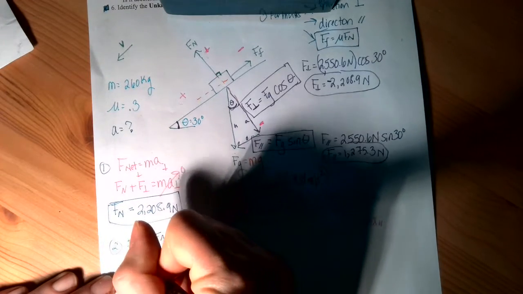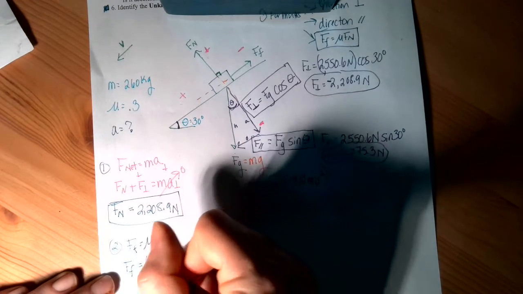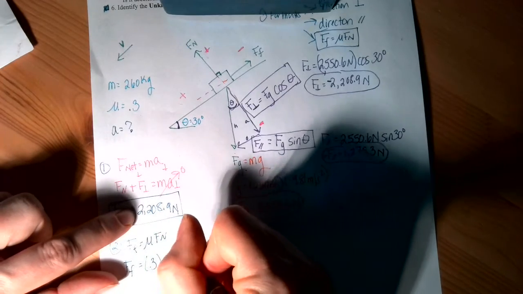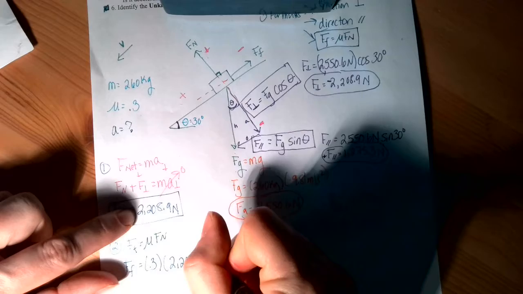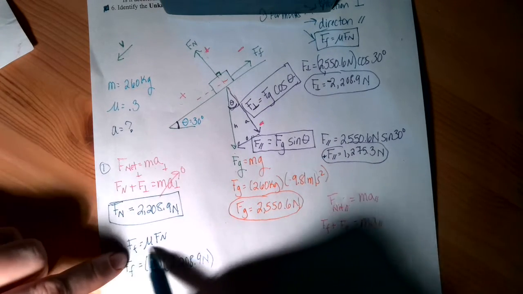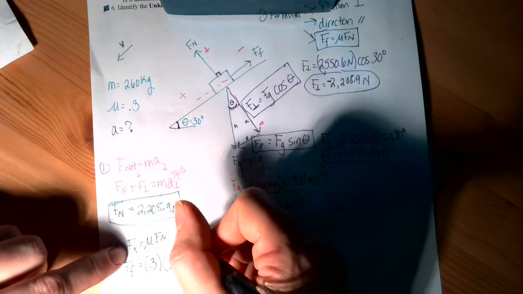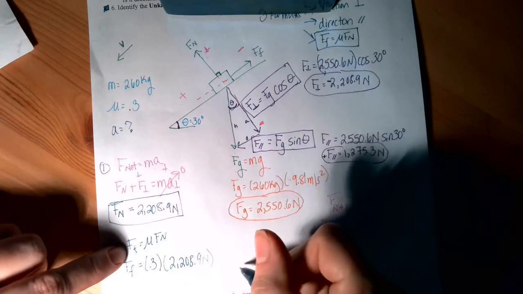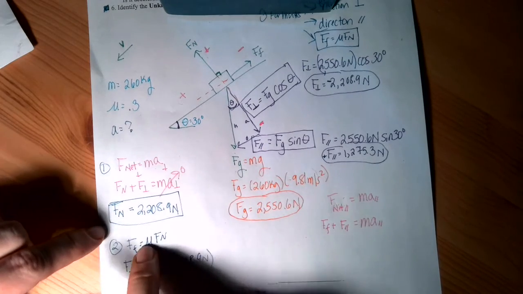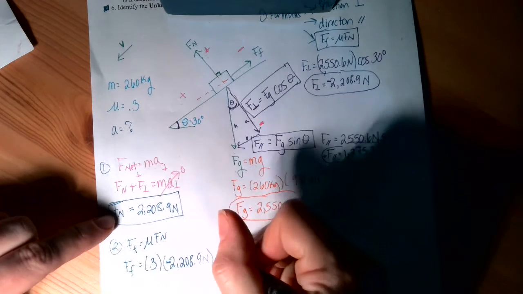So FF equals, then the mu was 0.3, that was given, and the normal force we found out just a minute ago was 2208.9 newtons. Now, another thing that makes these problems hard is that this will never give you the correct sign of the friction force, but I made it negative, so I'm going to expect this to be negative. Okay, but normal forces tend to be positive, and mu doesn't have a sign, so you need to put the negative in yourself.